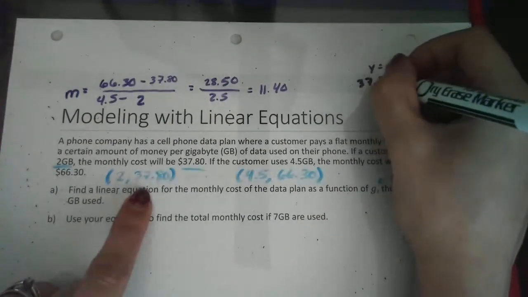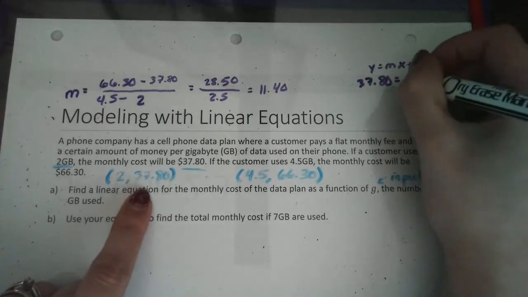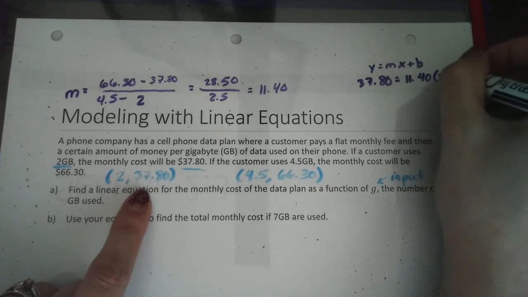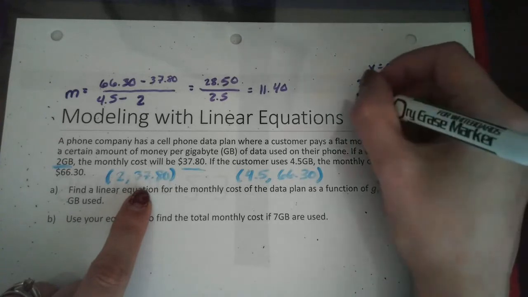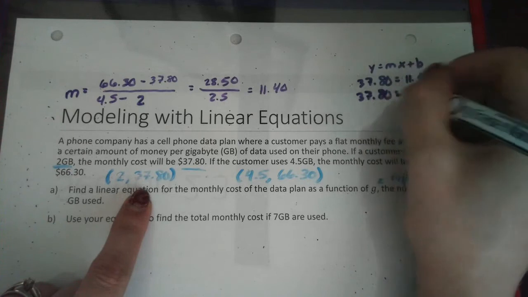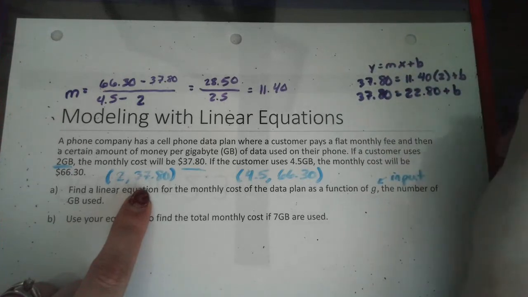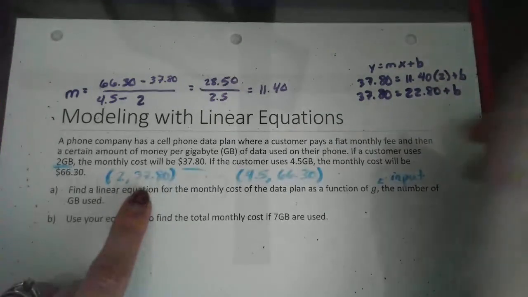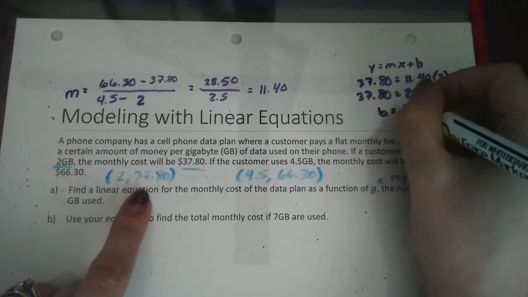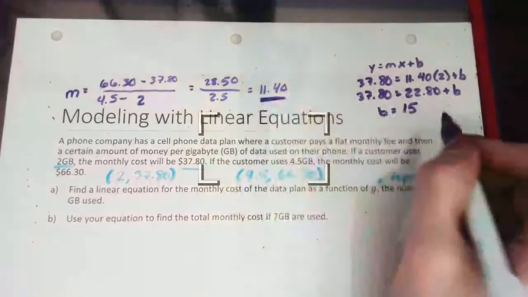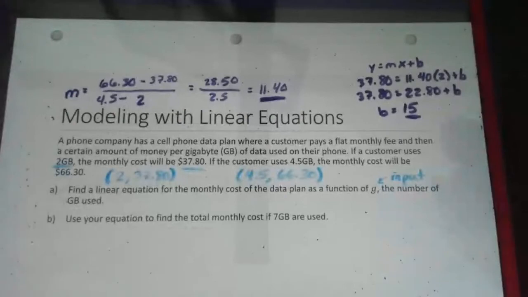We have 37.80 is equal to our m, which is 11.40, times our x value of 2, plus b. So 37.80 is equal to 22.80 plus b. And if I subtract over the 22.80, I get that b is equal to 15. So I now have an m value and a b value. Those are the 2 pieces of information I need to write a linear equation.